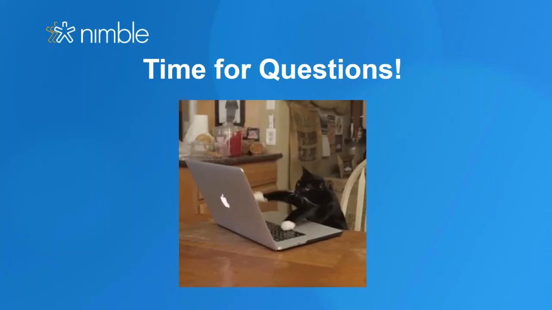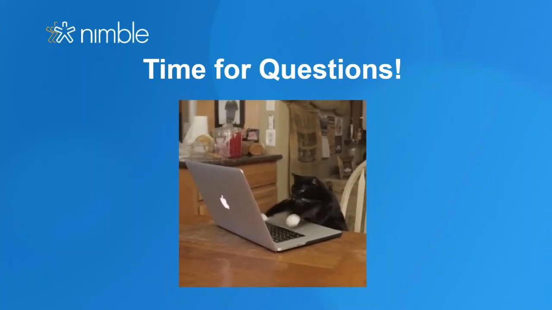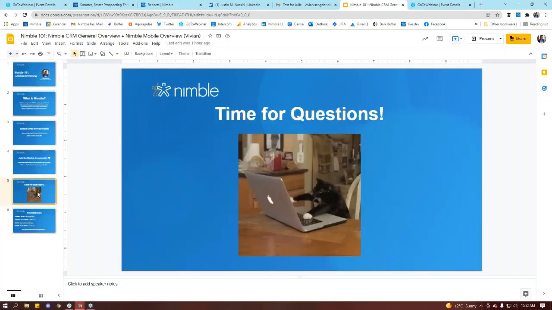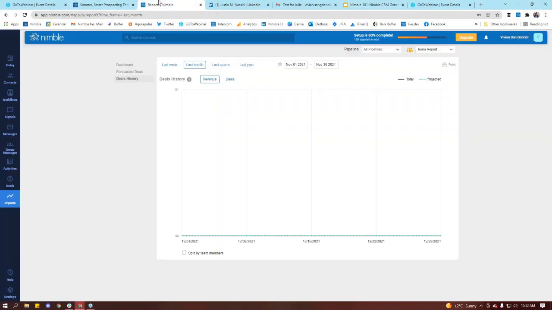Now, if you add a task or note to one of the contacts in this group, you'll see at the bottom the option to add related contacts. So let me see if I can show you how to do that. Oops, sorry, ignore that. Let's go back to Nimble. Okay.